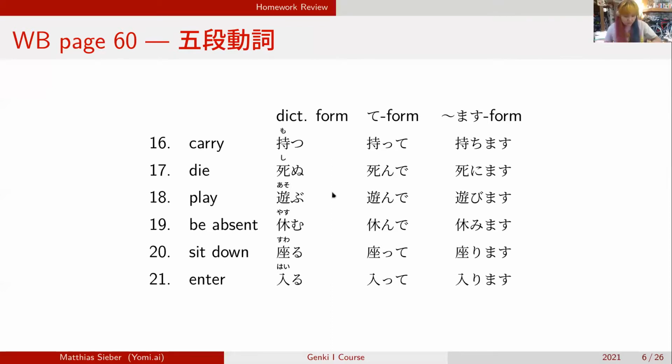To be absent, which also means kind of to take a break, yasumu, yasunde, yasumimasu. To sit down is suwaru, suwatte, suwarimasu. And to enter is hairu, haitte, hairimasu. We look at this kanji later on in more detail. The handwriting looks quite different.